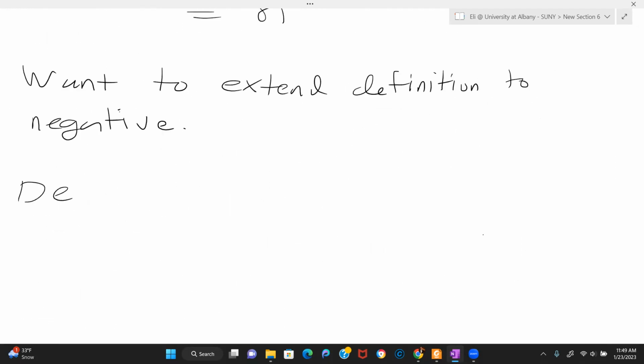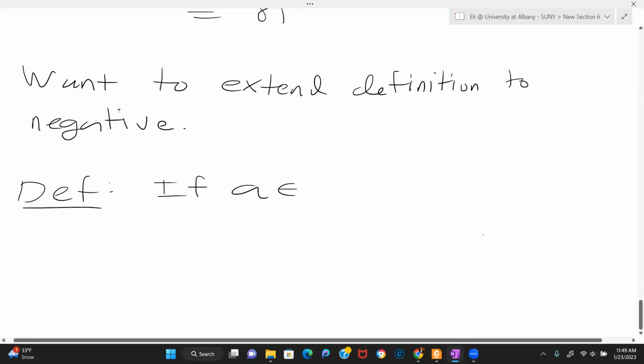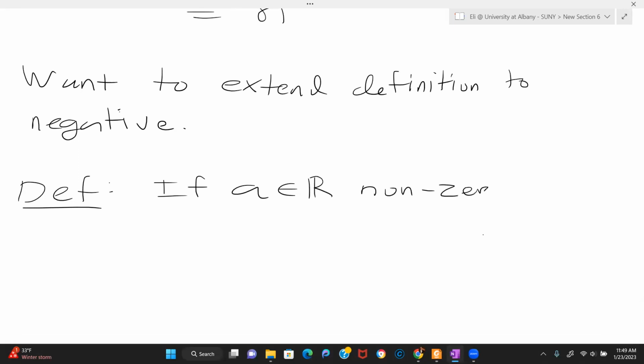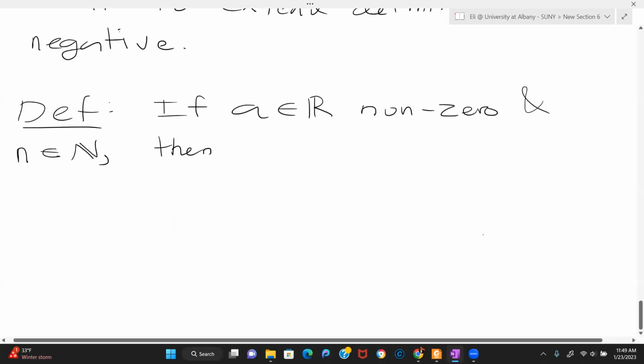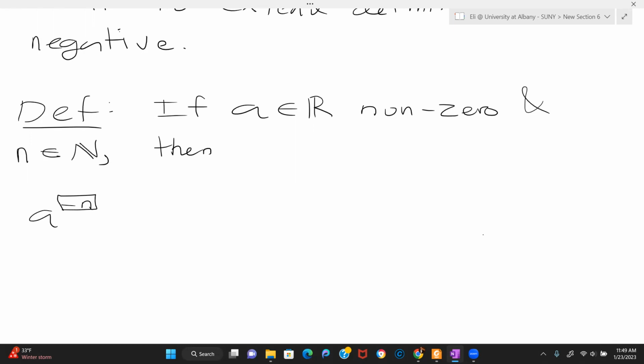So here we go. Definition. If a is some real number but non-zero, and n is some positive integer, then a to the negative n, so this is a negative exponent right here, how do we define that?